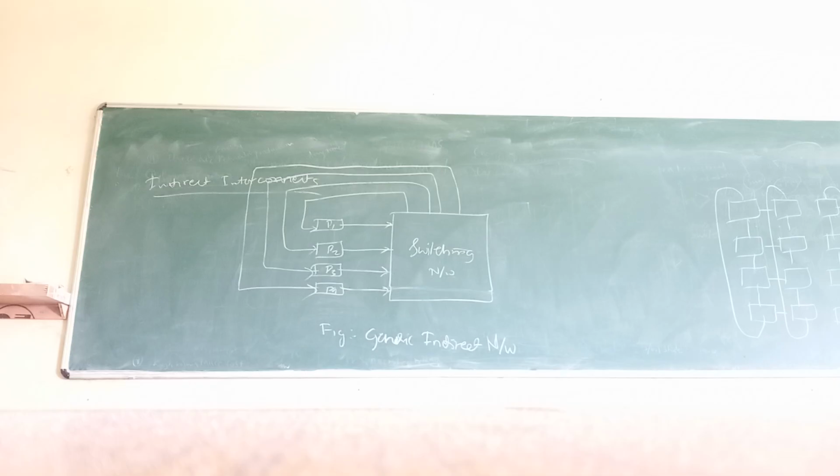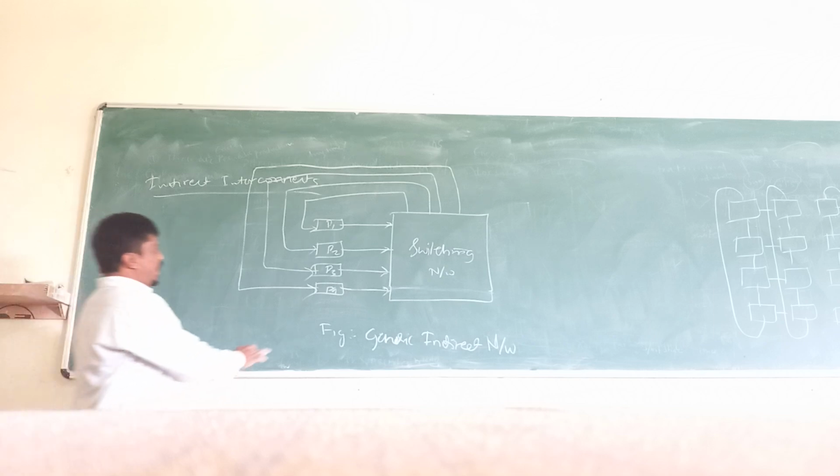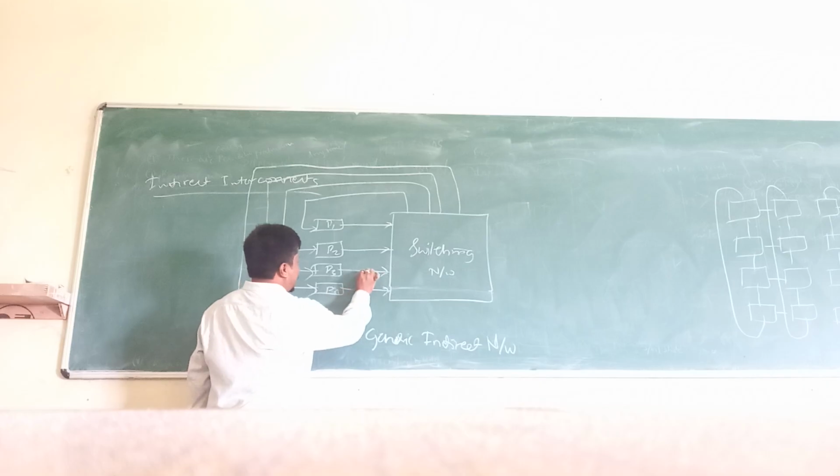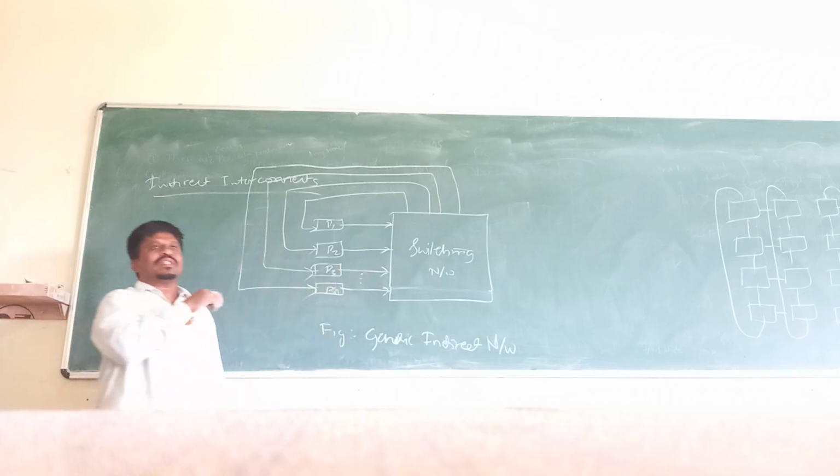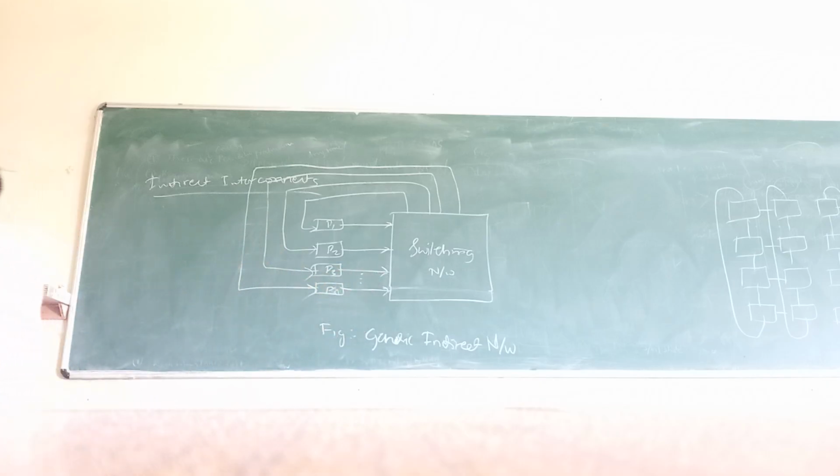How many processors are there? 4 processors and 8 links, one incoming link and one outgoing link for each. Usually this is not 4, this should be n. I can connect n processors to the switch network, more than 4 also.